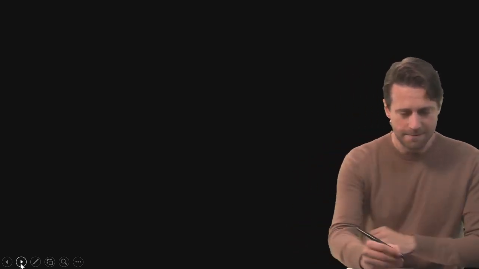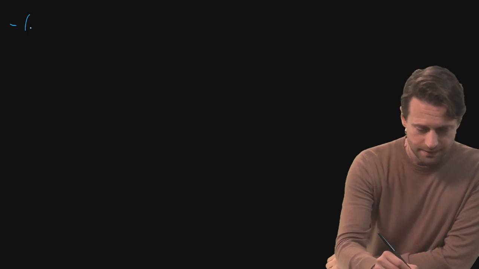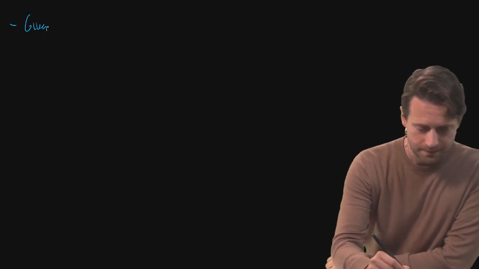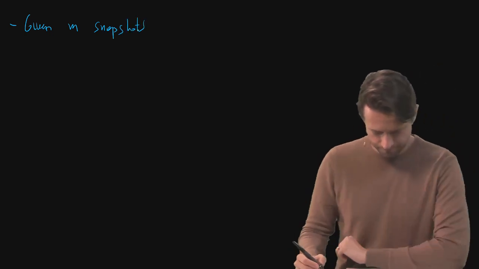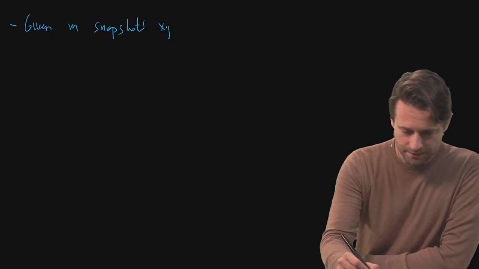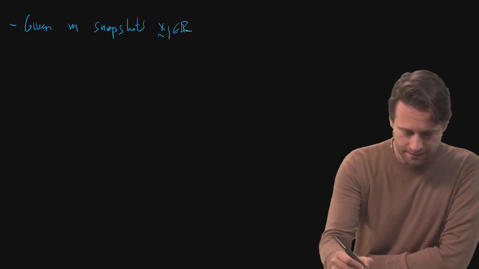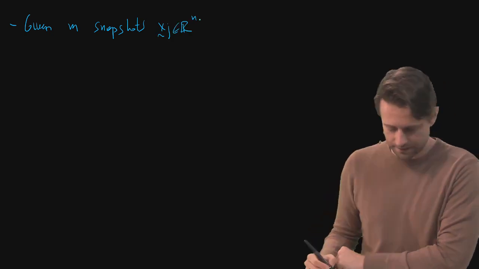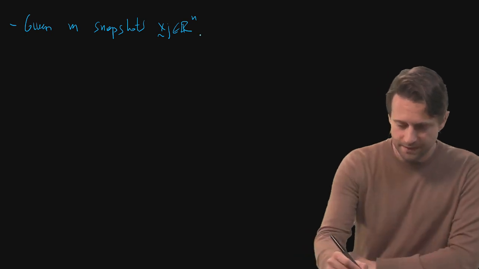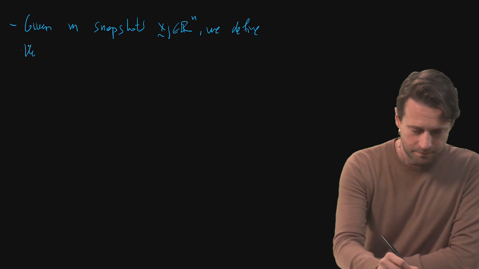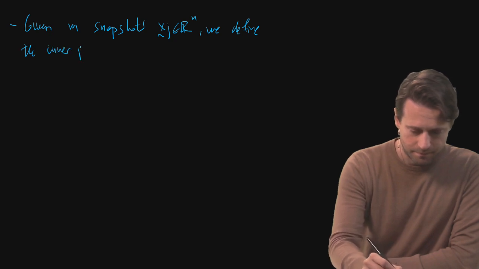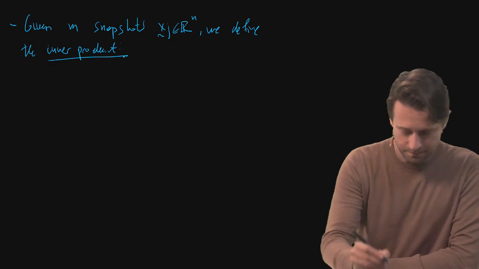Let's imagine that we have M snapshots, and these snapshots are going to be x living in the real domain of dimension N. We define the inner product as follows.